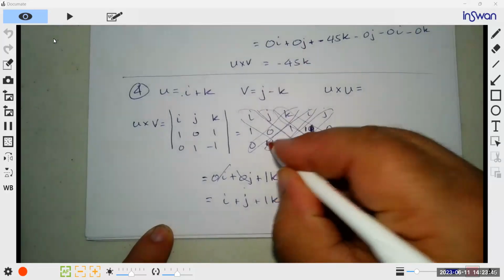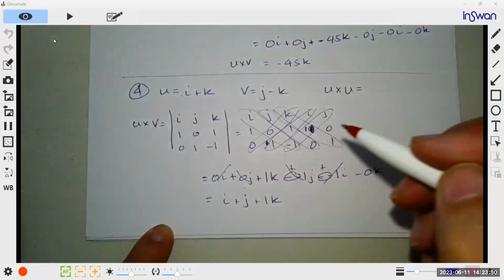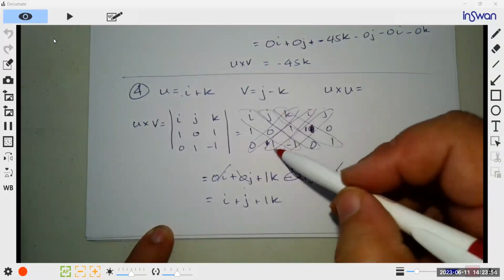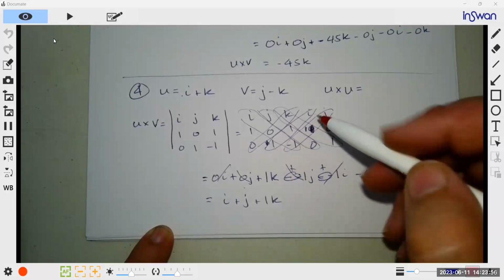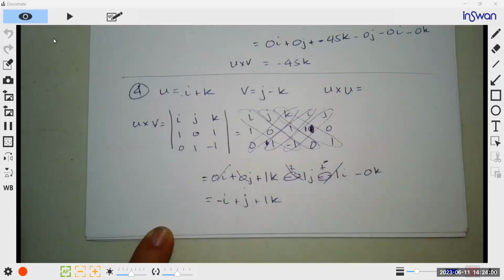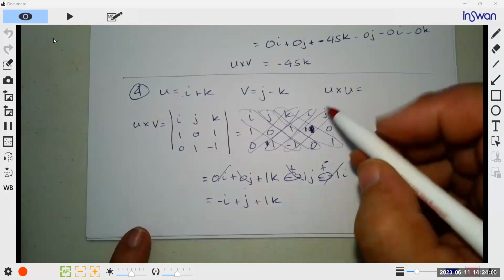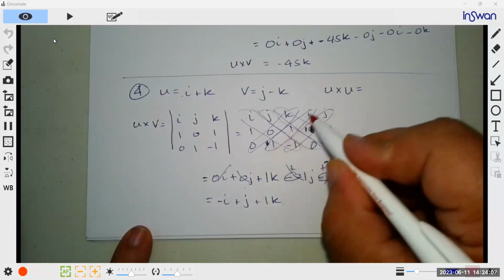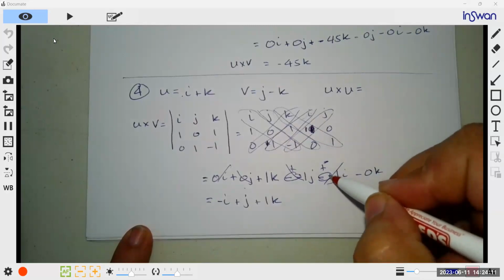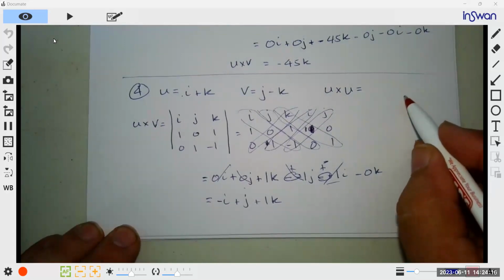It's +1, because it's 0, 1, -1. So that I should be a negative, because it only affects this, which is this one. Should be a -I.